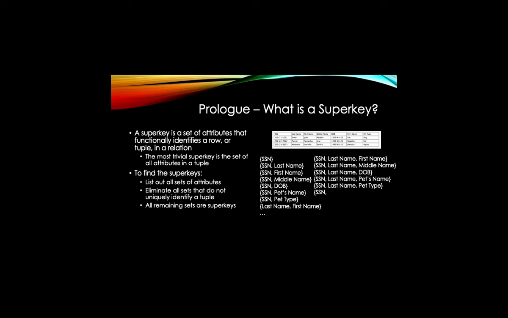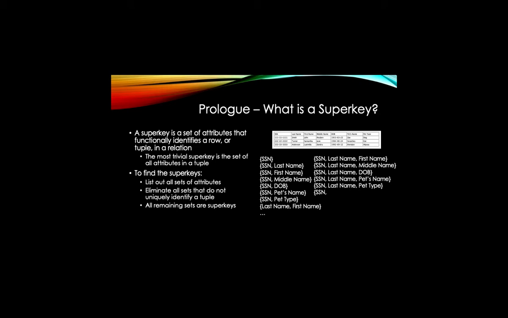Neither is pets' names. Probably a lot of people have a cat named Scratches. Maybe, I don't know. Maybe nobody does. But in theory, multiple people could have a cat named Scratches, therefore it isn't a candidate in this case.